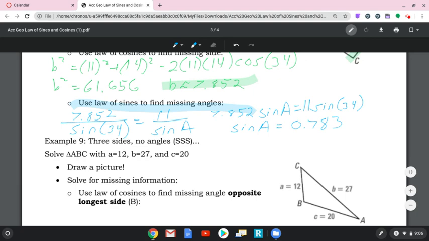Now we have to find that angle. When we find angles, guys, we do inverse functions. So inverse sine would give me my angle here. If you were having cosine, you would do inverse cosine, but we have sine here, so we're doing inverse sine.